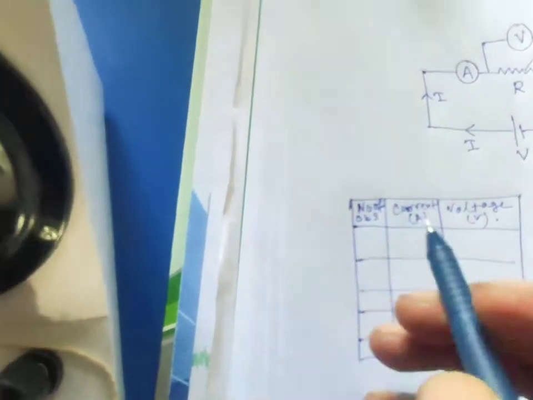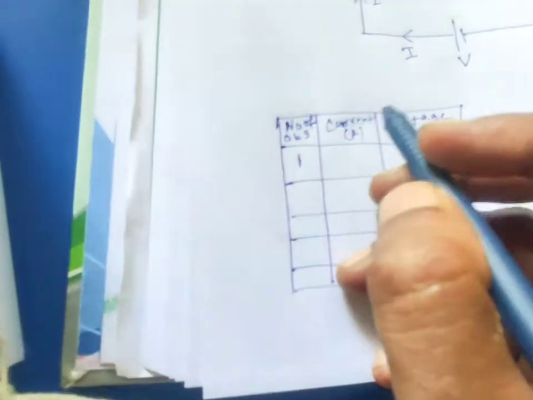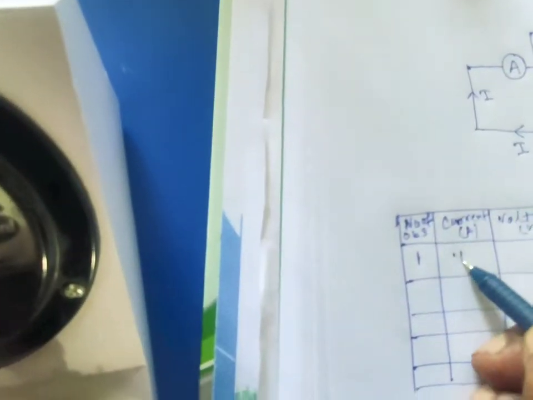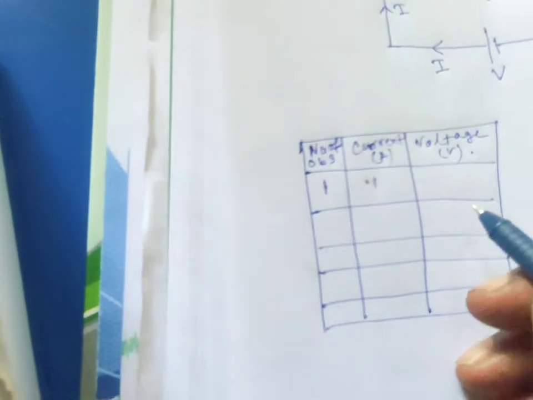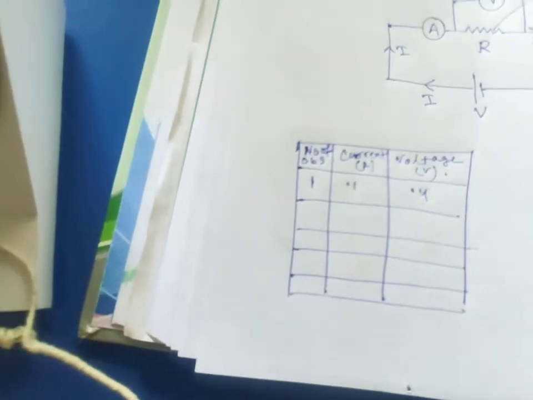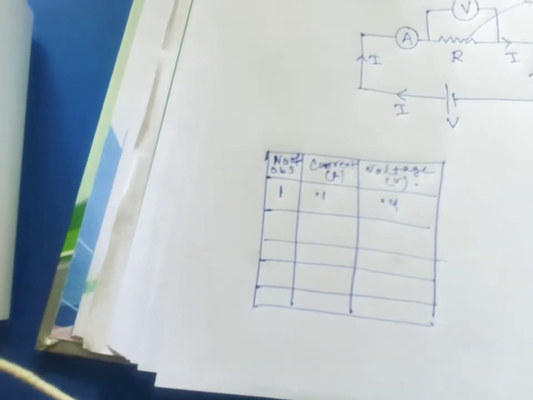So for the first observation, the current is 0.1 ampere and the voltage is 0.4 volt. Is it clear to everyone?